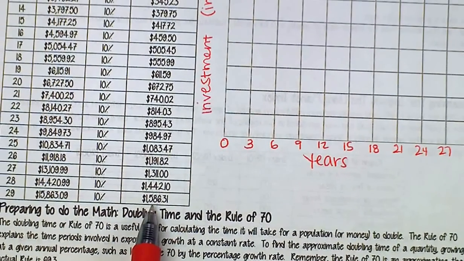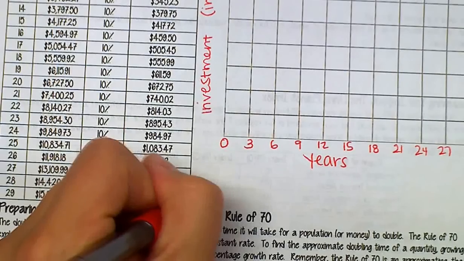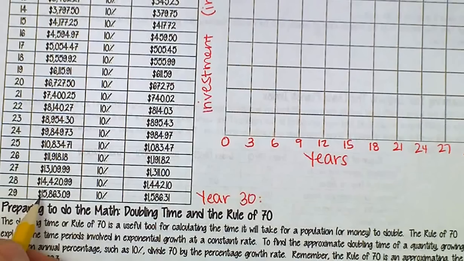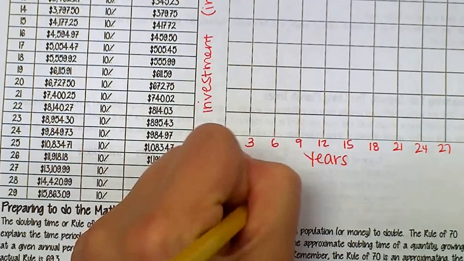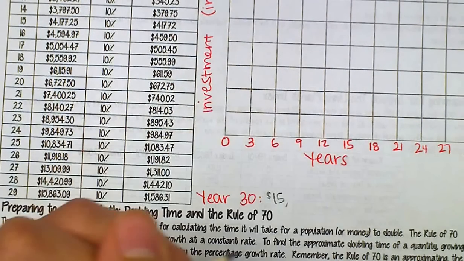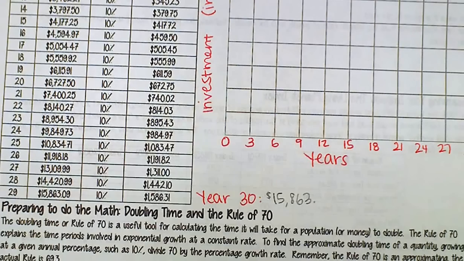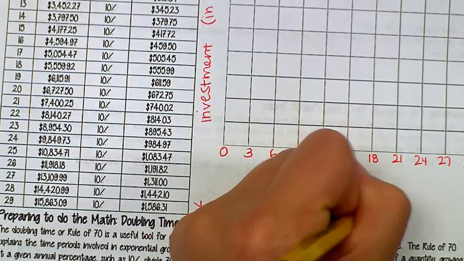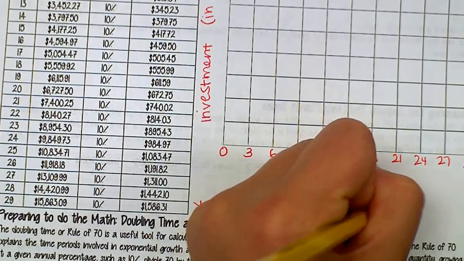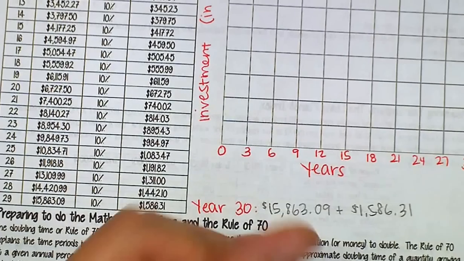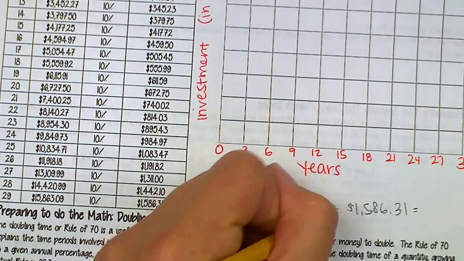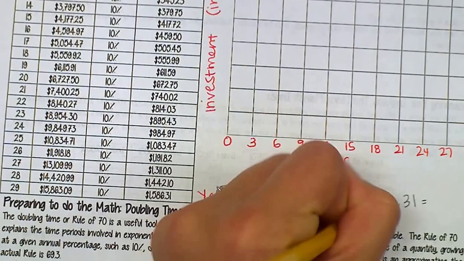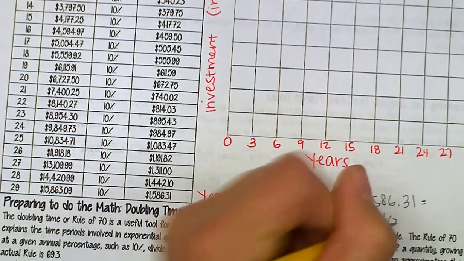So what I'm going to do to find year 30 is going to be my number from year 29, $15,863.09 plus the interest, $1,586.31, and that's going to give me $17,449.40.